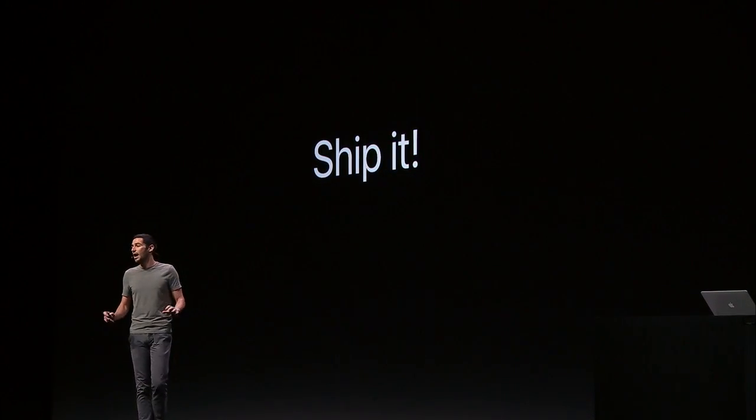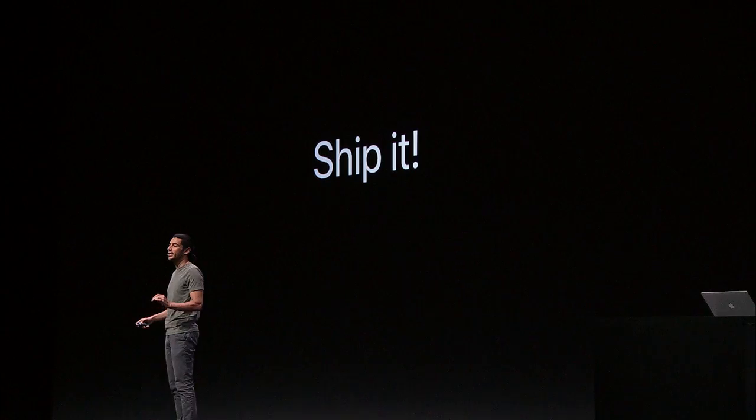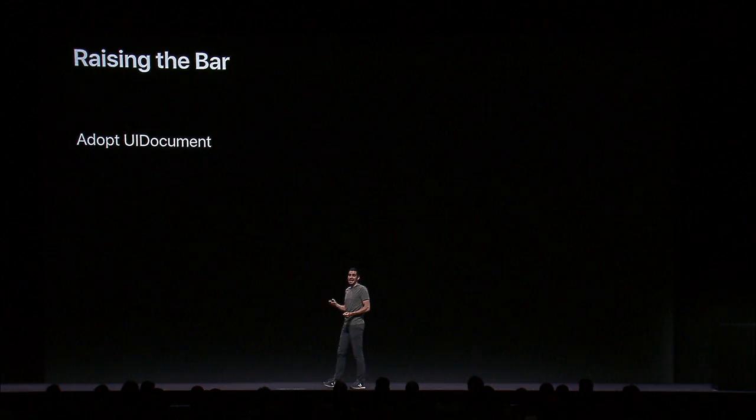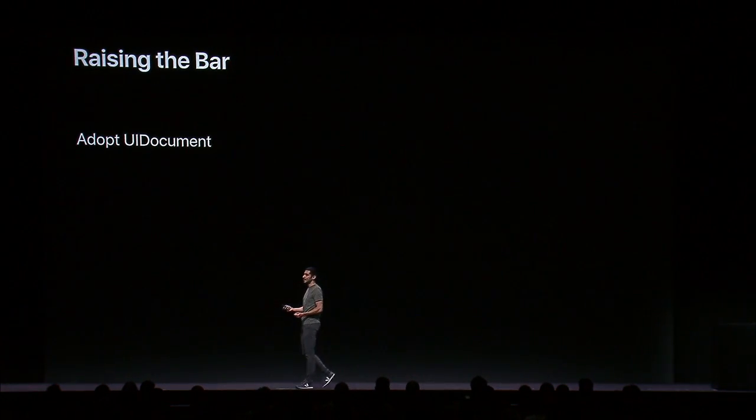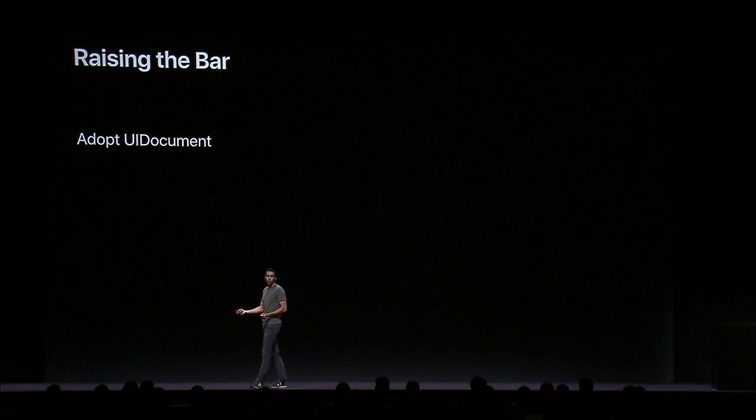All right, our app is now awesome, and we're finally ready to ship it. So, what's the takeaway today to make your apps excellent at managing documents on iOS? Adopt UIDocument when displaying and editing documents, as it eliminates a lot of boilerplate and error-prone code.